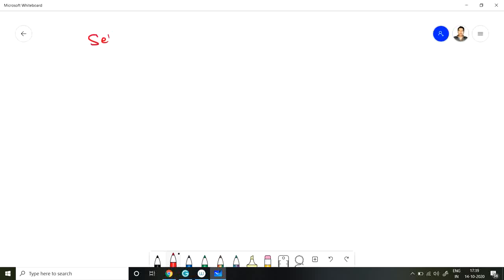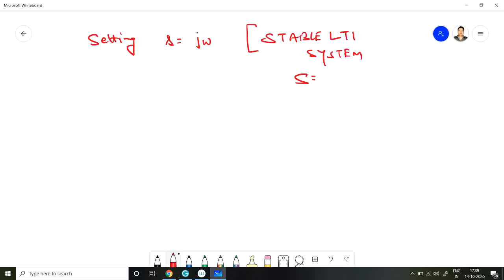So setting s equals j omega, because we are considering the stable LTI system. So basically we have s equals sigma plus j omega. Here we are considering sigma equals 0, because for steady state analysis sigma equals 0.